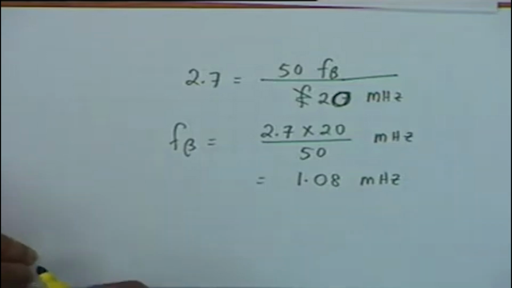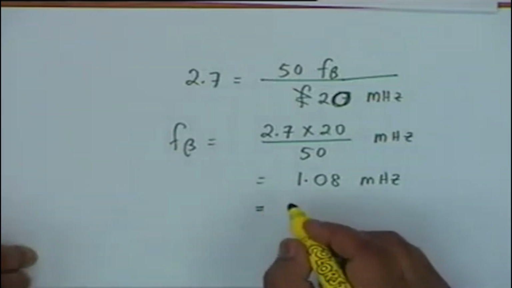This is your f_beta, and if you know f_beta, then you can find out C pi.